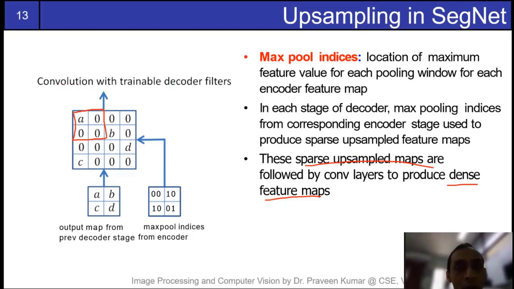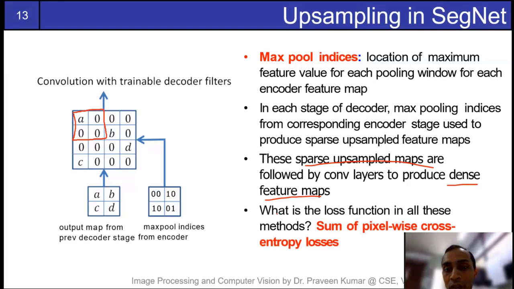So we'll have some filters, just like we had filters for the convolution operation. Those filters will get trained and those weights will get learned, and when they perform a convolution on this, the net output will be a more dense feature map rather than this sparse feature map.